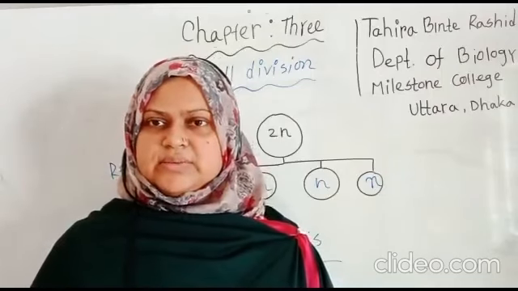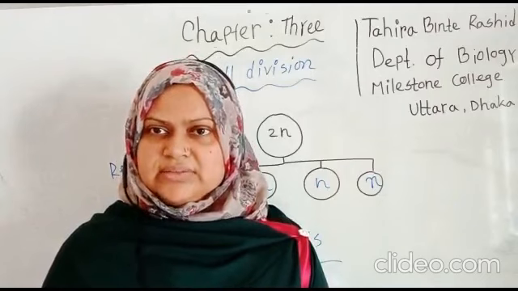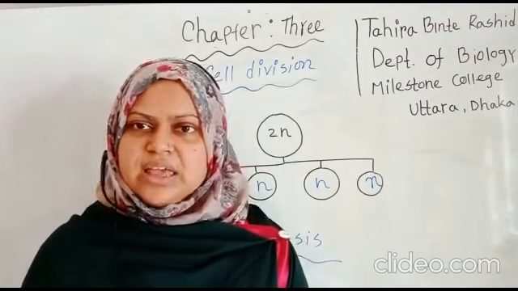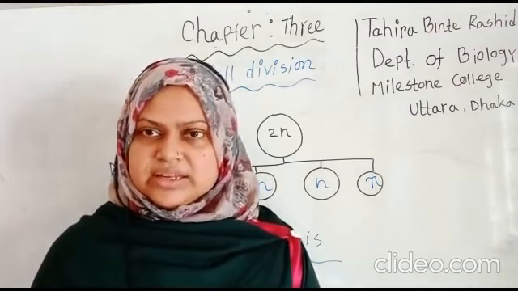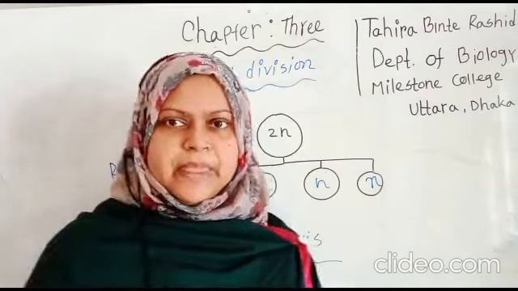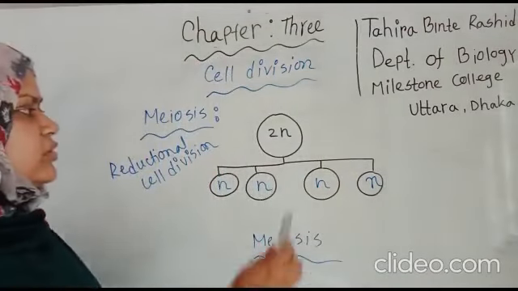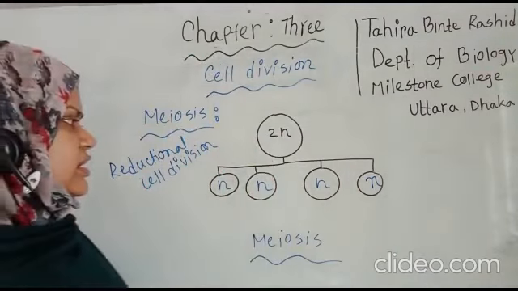Now, meiosis. Do you know what is meiosis cell division? Yes, students. Meiosis is a cell division where an eukaryotic cell divides and produced 4 daughter cells. Here, chromosome divides once and nucleus divides twice.